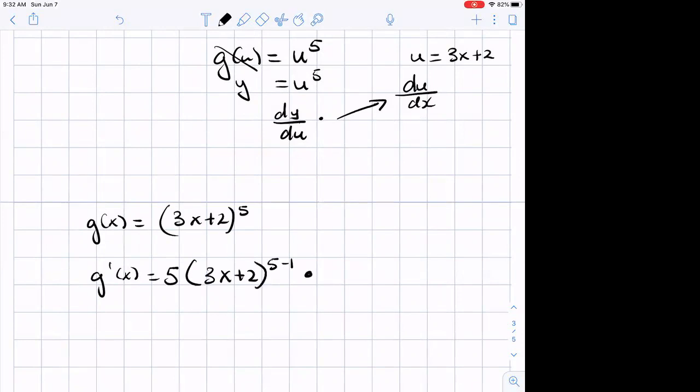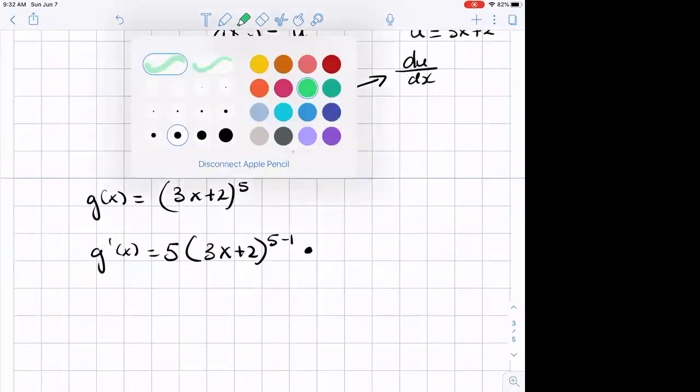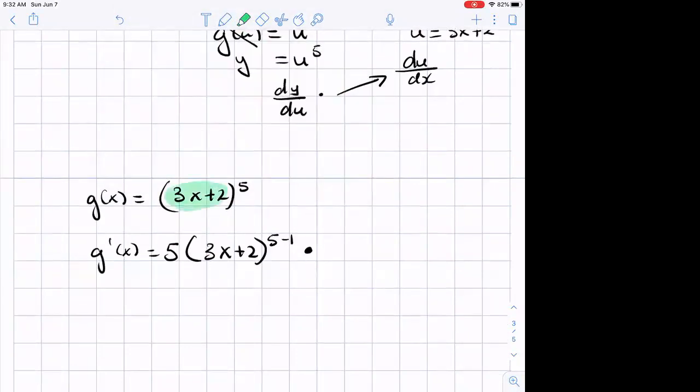But don't forget, we have something in here that we didn't take the derivative of. So the derivative of that part on the inside would be 3. This is the derivative of this.